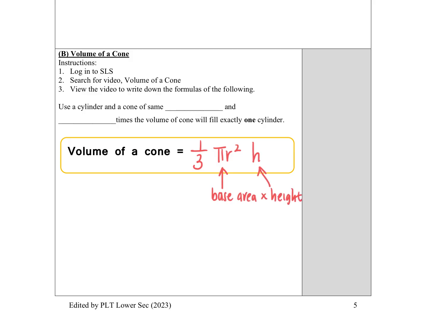So it is still 1/3 base area times height, but the difference is the base area now is a circle because you have a cone. So this is the part that is pi r square. So that is the volume of a cone of the same height and same base area.